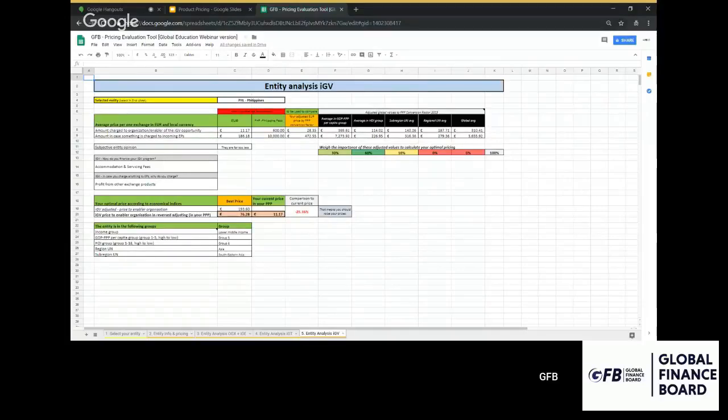So if the pricing that is in the pricing tool says that it needs to be increased, then of course you still need to check with the reality of your product, specific to IGV, which is mainly dependent on how the project is working with the different communities.